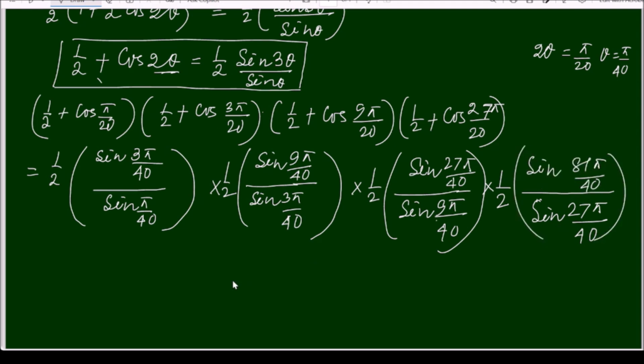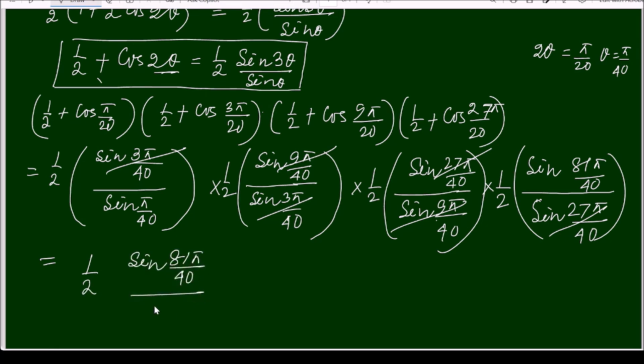Then we got the result, because these cancel each other. The sin 3 pi by 40, sin 9 pi by 40 and sin 27 pi by 40 terms cancel each other. What remains is half sin 81 pi by 40 over sin pi by 40.